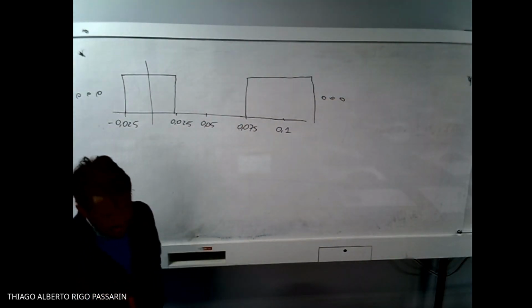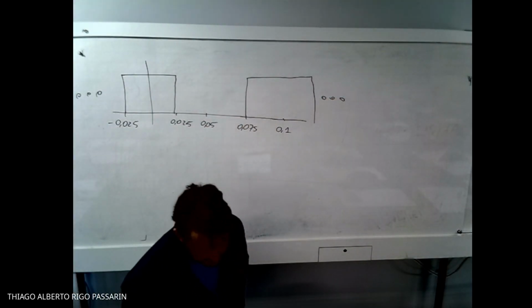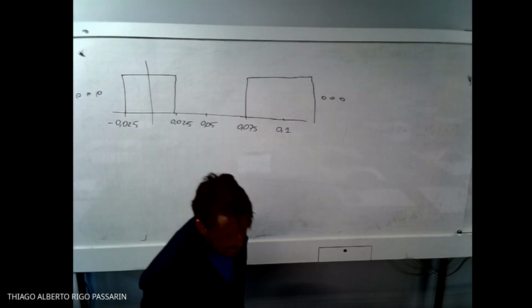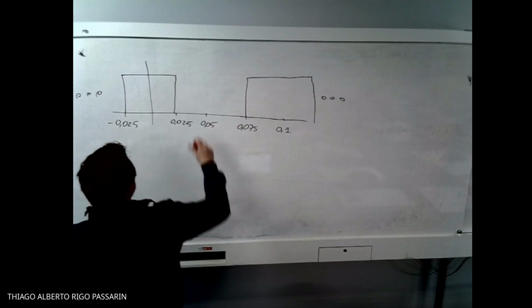This is a periodic f of t. The value here is 1.